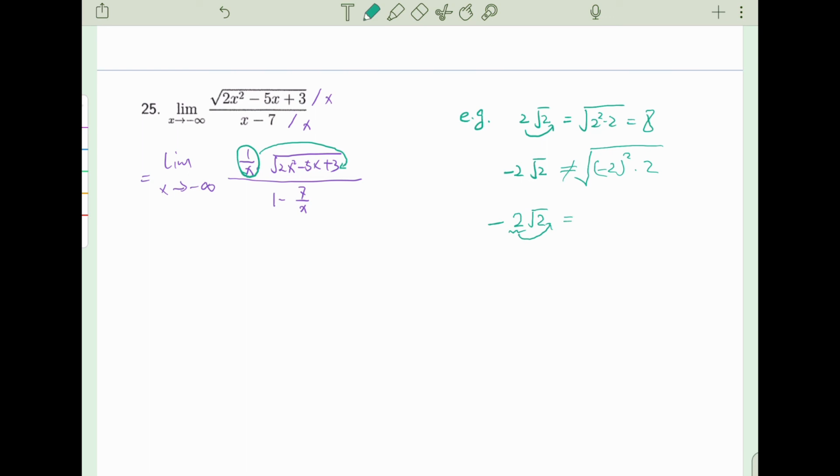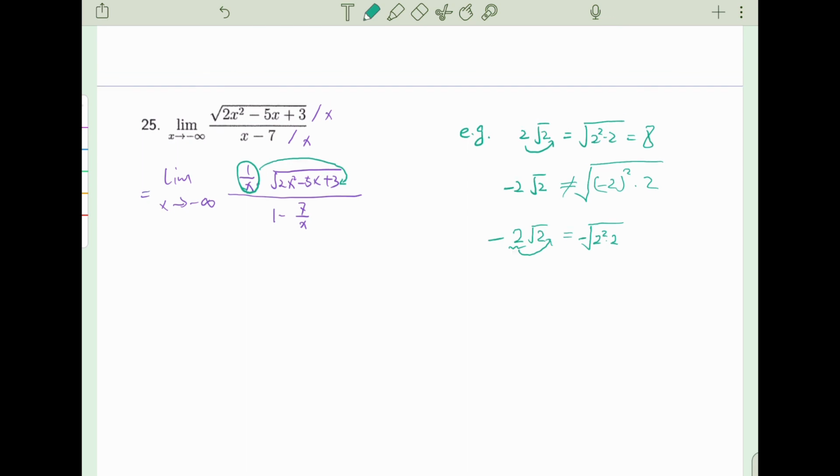So this can only be written as negative of the square root of 2 squared times 2. It means that only the 2 can go into the square root. The negative sign is not allowed to go into the square root.